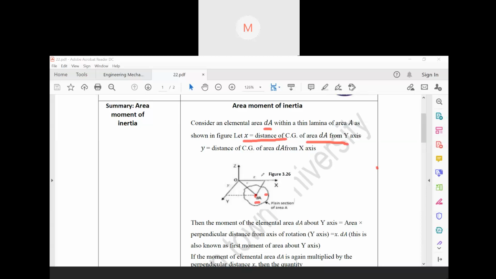Here just remember this is a three-dimensional thing. So we are considering this as x axis, this as y axis, and this as z axis in the three-dimensional case. The distances x and y are first of all computed.